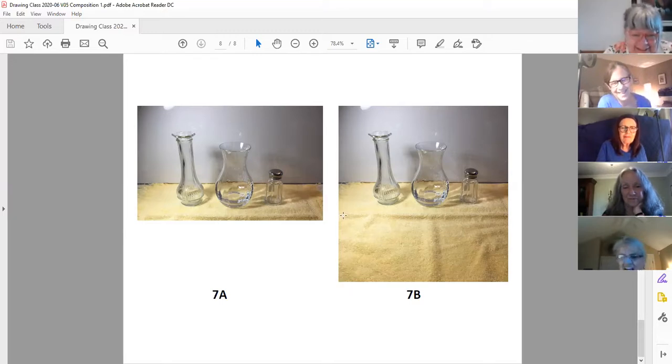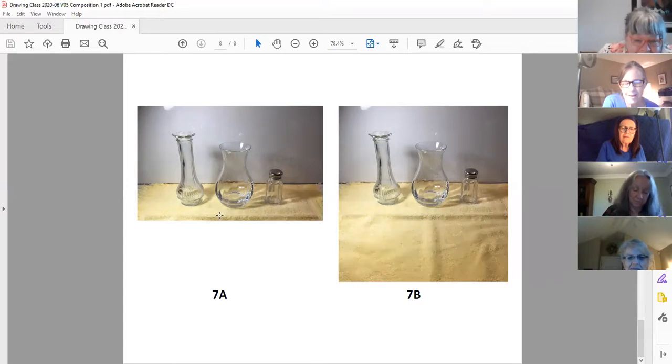Well, and actually this 7B here, this whole area here, if you were to paint or even draw it, this would be almost like a dead area that would be stealing the show from the actual objects on the table.